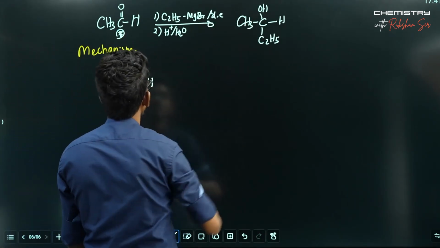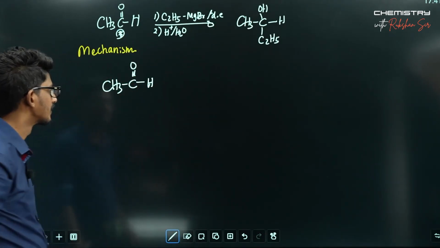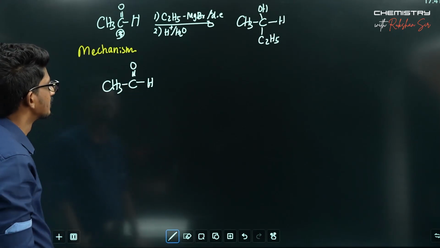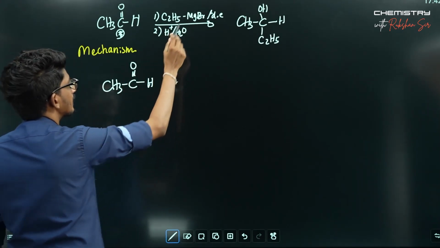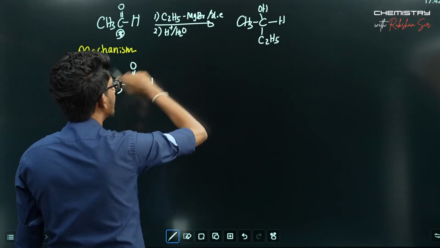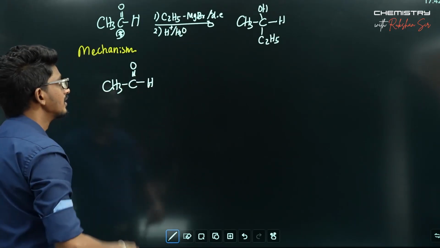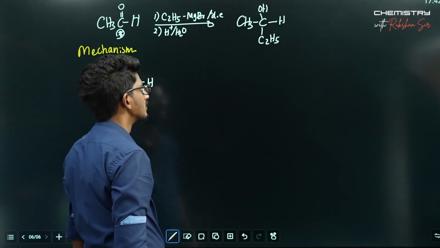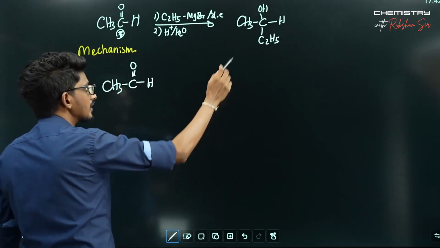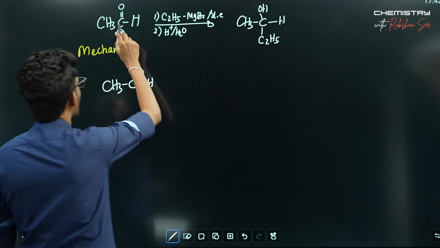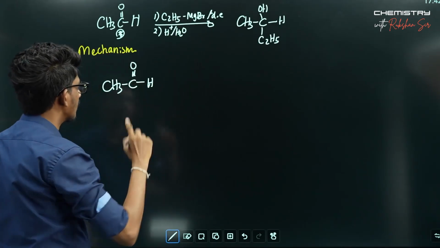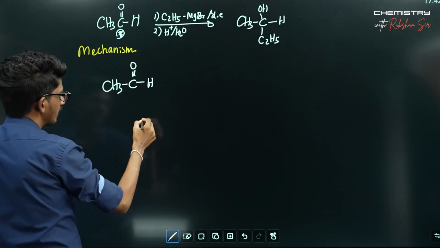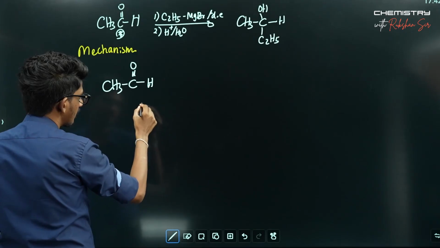In this case also, the carbon which is connected to magnesium is involved in bond forming and bond breaking. The bond forming is the formation of the bond with the delta positive carbon here, and the bond breaking is the breaking of the C-Mg bond.